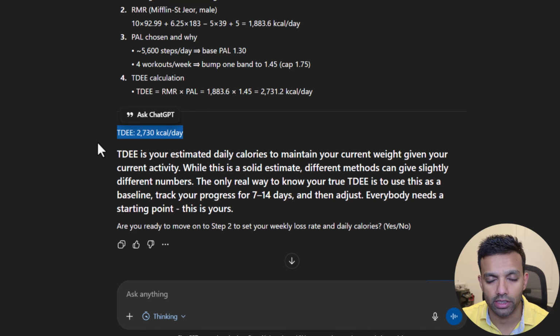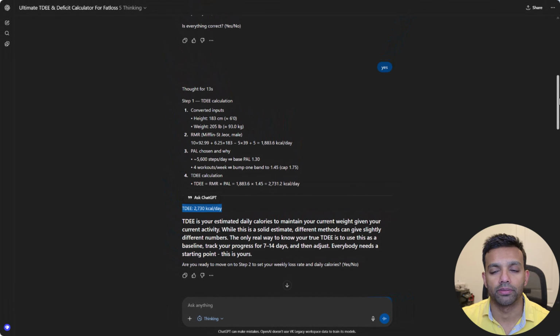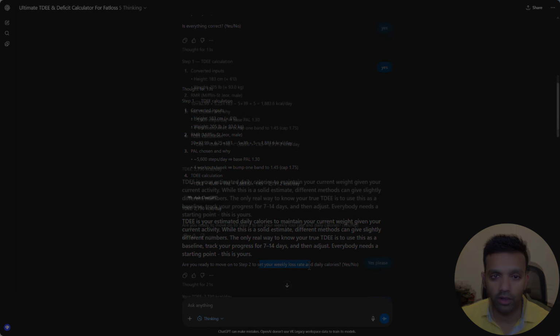Again, all that means is if I eat 2,730 calories for about 2 weeks, and keep my routine the same, my weight should hold steady at 205 pounds. That's all that means. Okay. But since I'm trying to lose weight, it asks me if I want to set my weekly loss rate and my daily calories. I say yes.